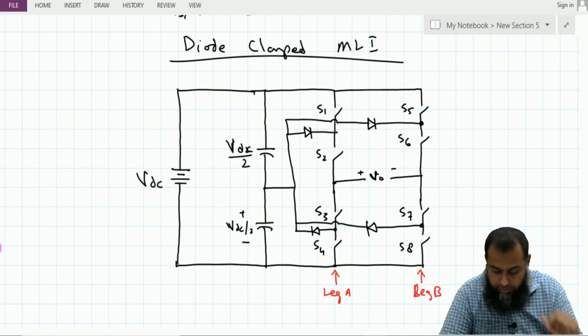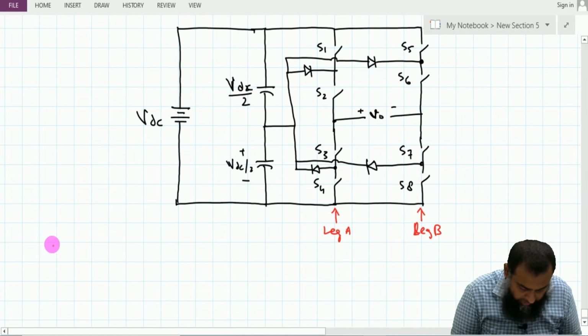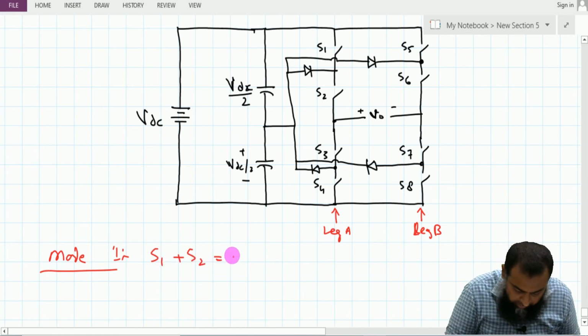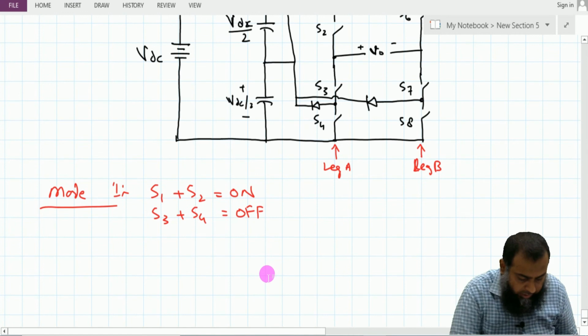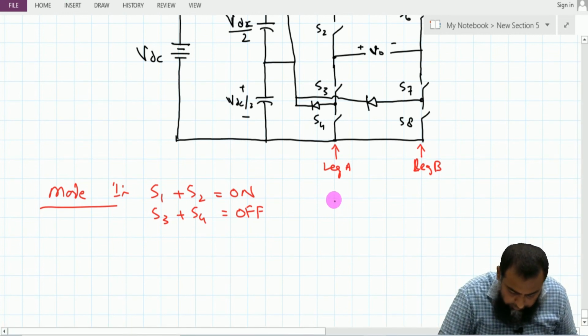So in mode 1, we connect the S1 and S2 with the gate driver circuit such that they become on, and we turn off switches S3 and S4. When we do this, the overall circuit becomes something like this.